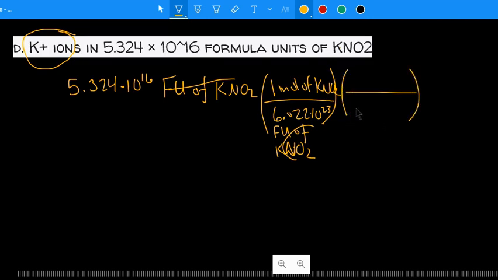Now I have 1 mole of potassium nitrite on top, and I want to get to moles of potassium ions alone. So if I have 1 mole of potassium nitrite, I am going to have 1 mole of potassium ions. So moles of potassium nitrite cross off, and I am at moles of potassium ions, which is where I wanted to be.